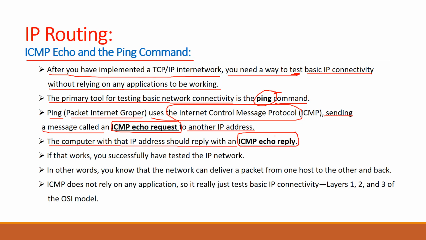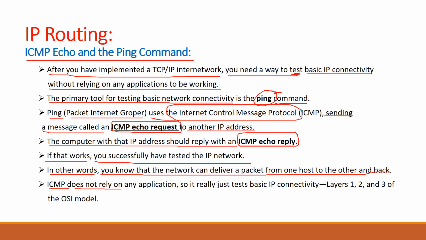If the sending host that sent the ICMP echo request does not receive an ICMP echo reply, it means the destination is not reachable. If it received an ICMP echo reply, you have successfully tested the IP network. In other words, you know that the network can deliver a packet from one host to the other and back.